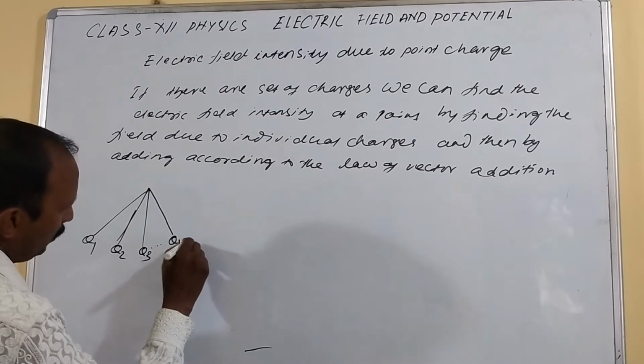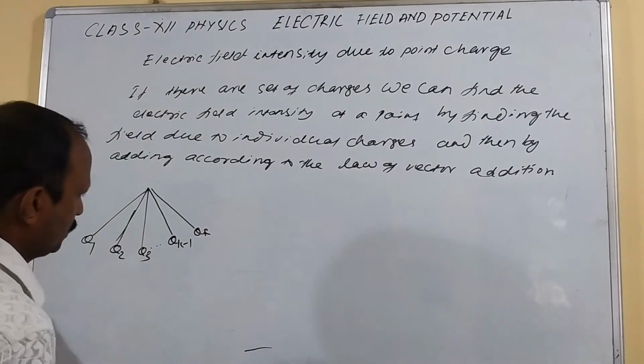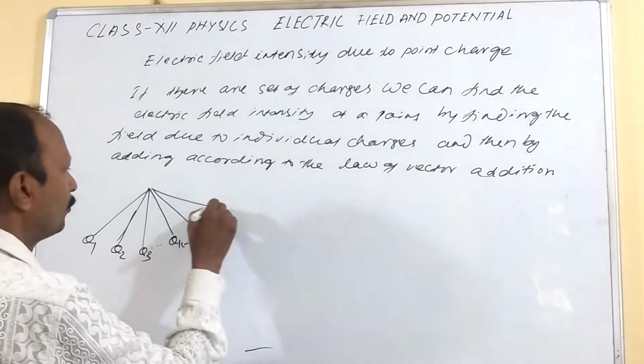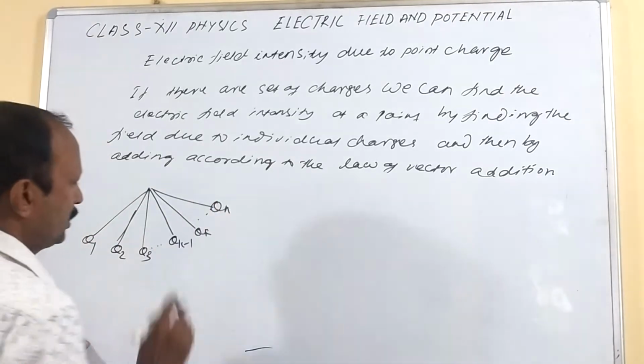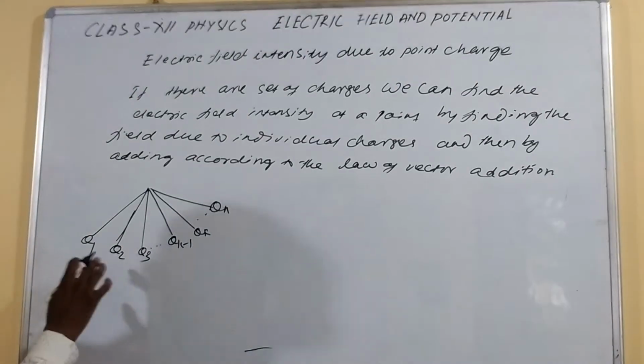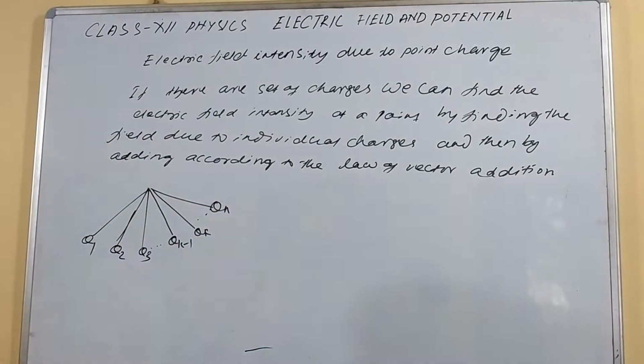Qk minus 1 is a charge, Qk is a charge, Qn is a charge. The set of charges are there, Q1, Q2, Q3, Qk minus 1, Qk up to Qn.